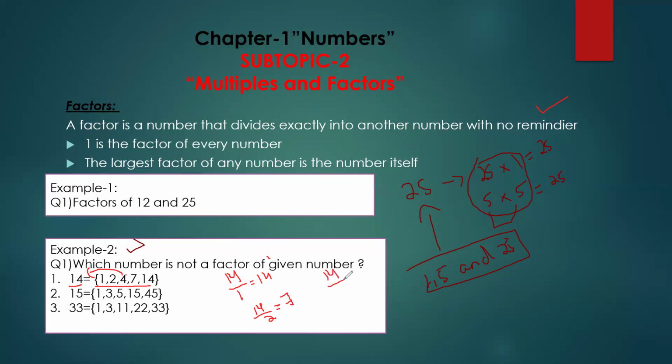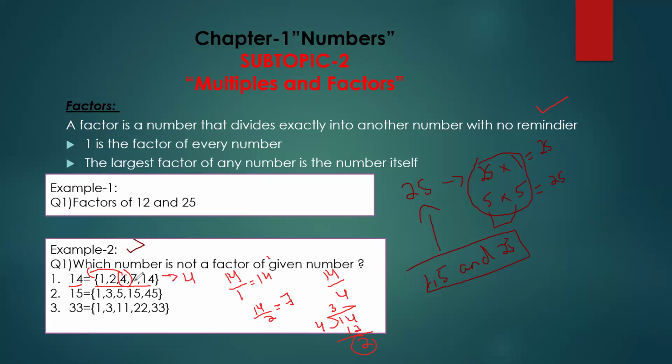When we divide 14 by 4, we get a remainder. I can show you: 4 times 3 is 12 and the remainder is 2. So there is a remainder. That means 4 is not a factor of 14. So the number which is not a factor of the given number is 4.